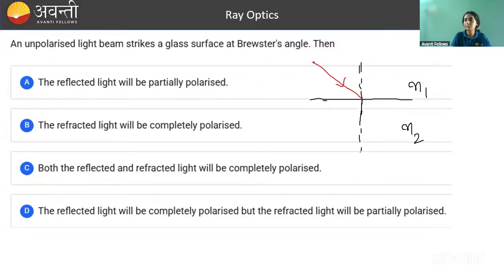So this light is the natural light coming from the sun directly. So it will have both vibrations present. Both vibration means vibration perpendicular to the plane and vibration in the plane. So both components will be present here, components of electric field vector.